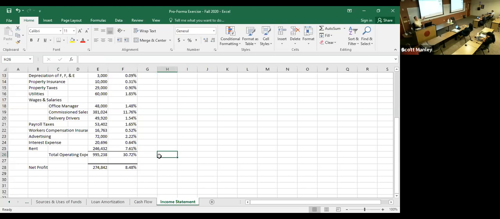Now, I know I made some changes in there in my assumptions. Anytime that you do something like that, make sure that you go back and fix your assumptions, right? And specifically what I did was I doubled my sales. So I need to change the assumption that I'm going to average $150,000 a month to I'm going to average $300,000 a month. And I need to change the assumption that I'm going to pay my commission salespeople 20% to paying them 30%.